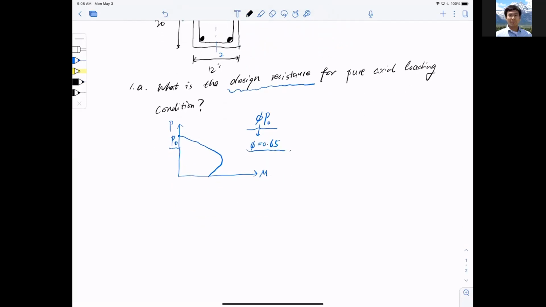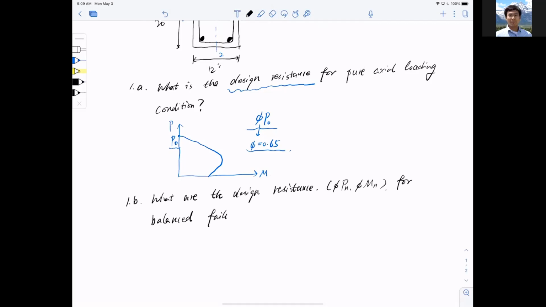And 1B is, what are the design resistances? When we talk about this, we mean phi Pn, phi Mn for balanced failure, with respect to 1 axis.